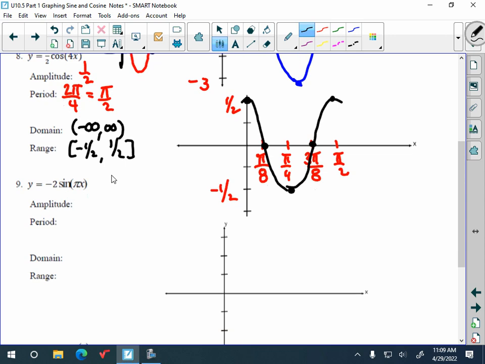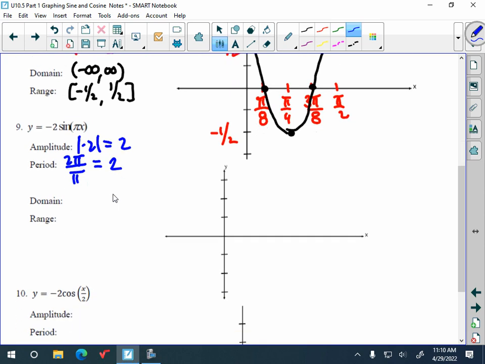All right, and then let's do 9. Y equals negative 2 times the sine of pi x. All right, so our amplitude is the absolute value of negative 2, which is positive 2. Our period, 2 pi divided by pi, which is 2. All right, so let's count out 4 tick marks.